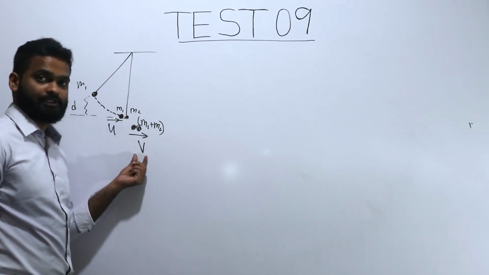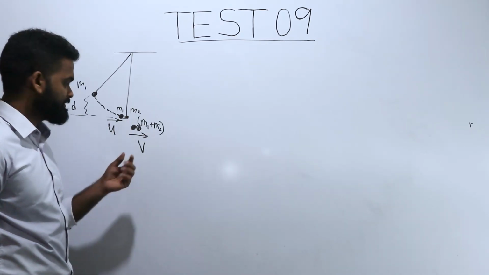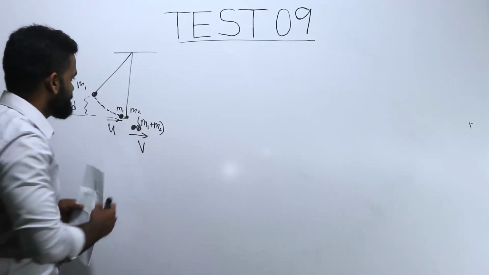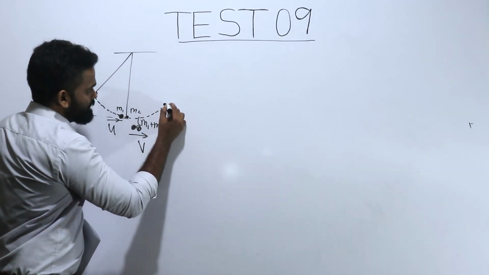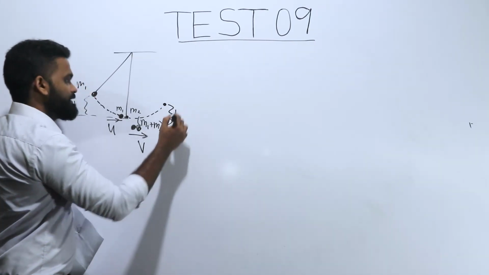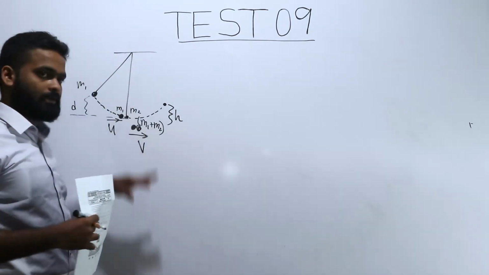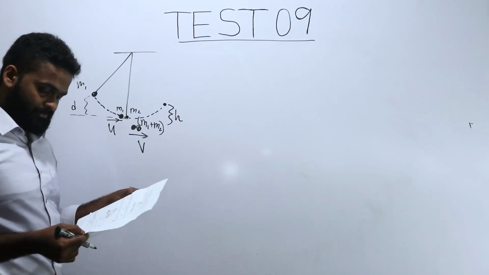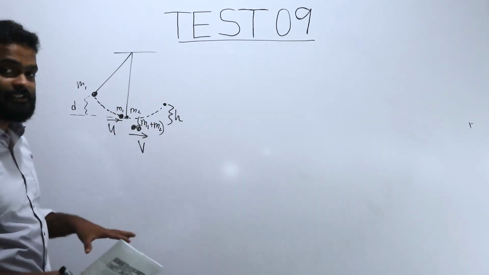That's a common velocity. Then m1 plus m2 moves upwards in a circular motion, up to a height, let's say h. What they ask is this h, the maximum height it reaches.